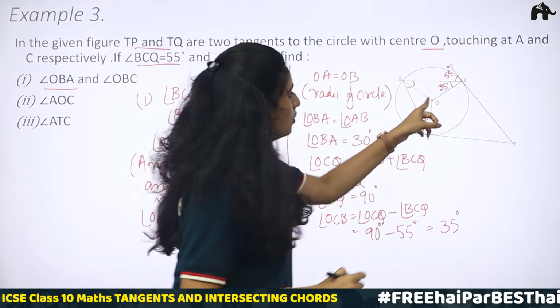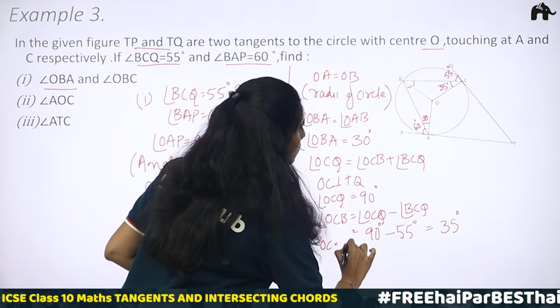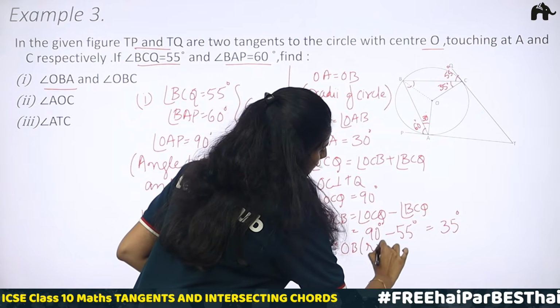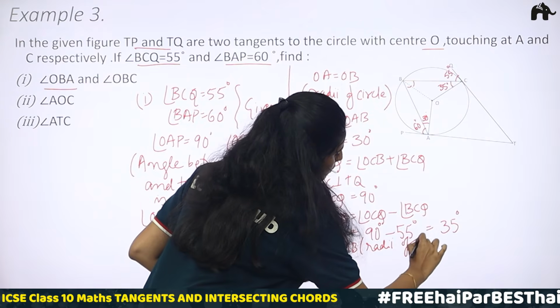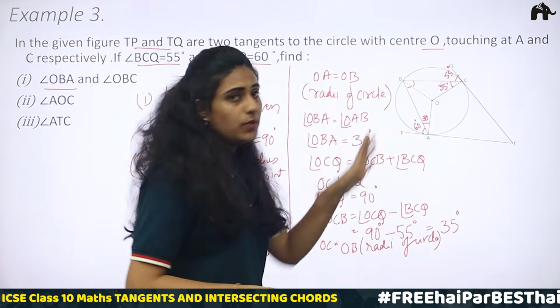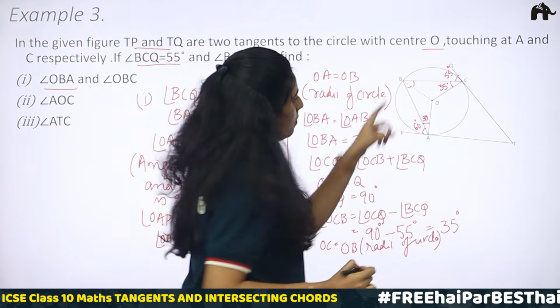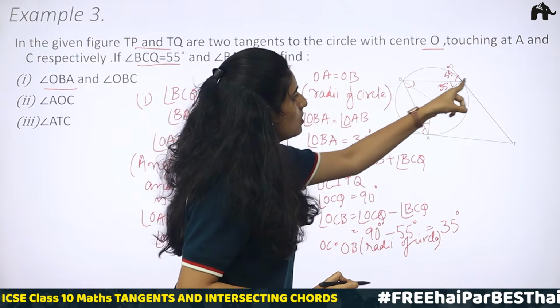Here again OC and OB are radii of the circle, so OC is equal to OB. Radii of circle. Therefore the angles opposite to them should also be equal. Opposite to OC we have OBC, opposite to OB we have OCB.